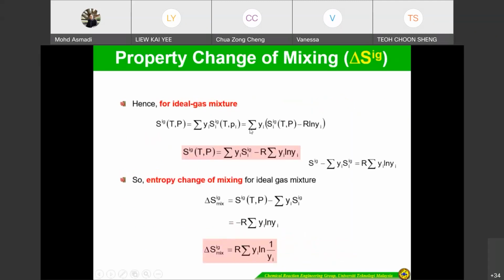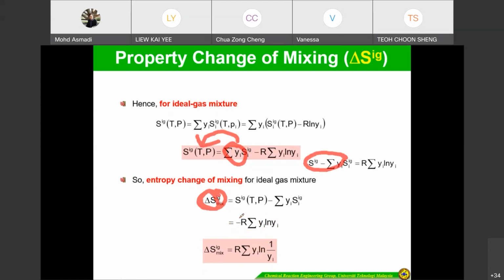Once you replace this with y_i S_i^ig and bring it to the left side, you get delta S, the entropy change of mixing, S^ig mix. You can get this equation, and you can write it in terms of this equation or this equation.